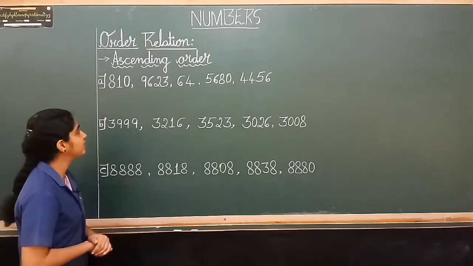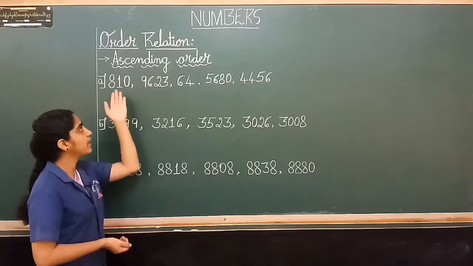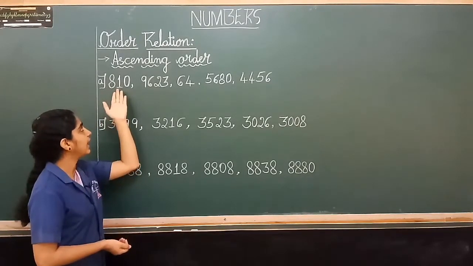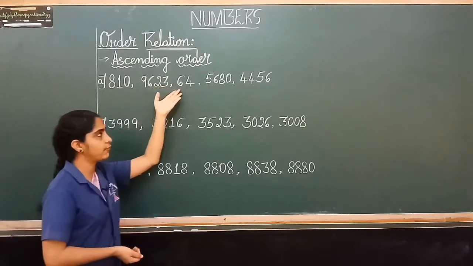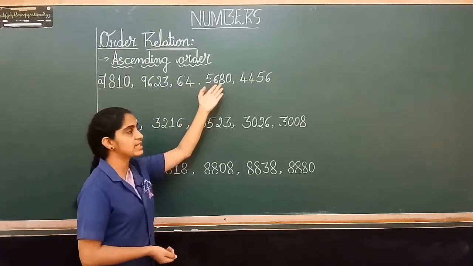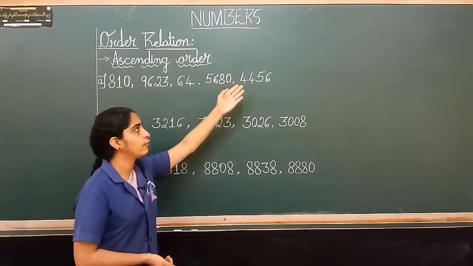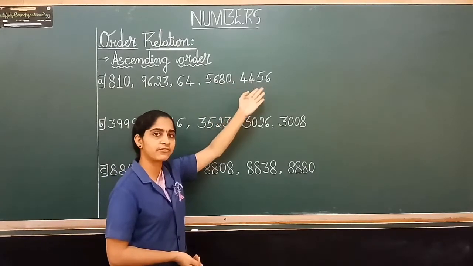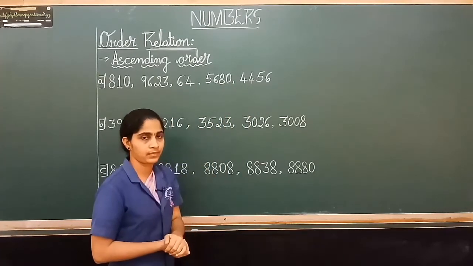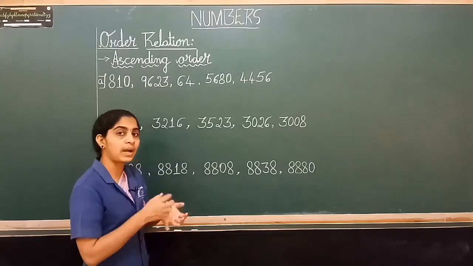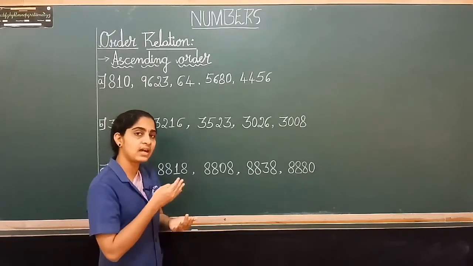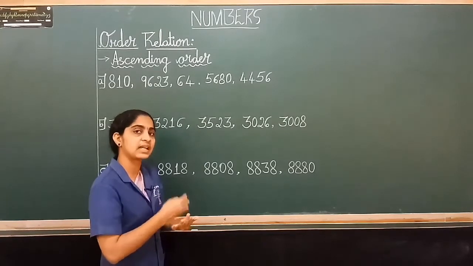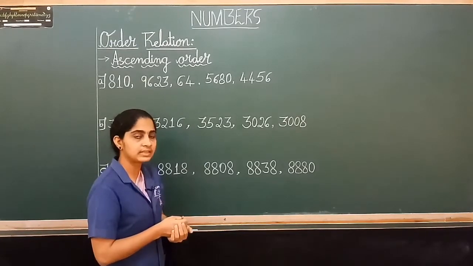So let us take the first example. We have here numbers 810, 9623, 64, 5680, 4456. We have to compare these numbers and we have to write the smaller number first, then greater number.